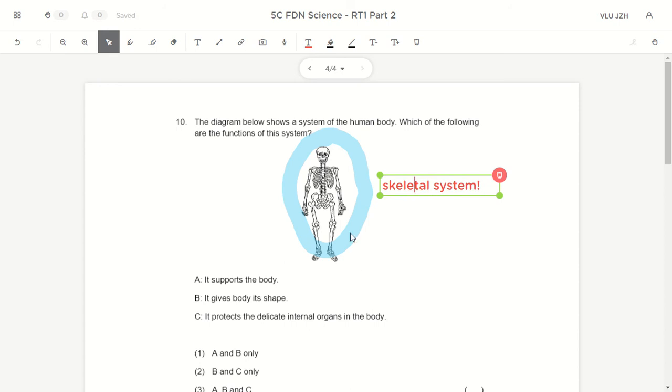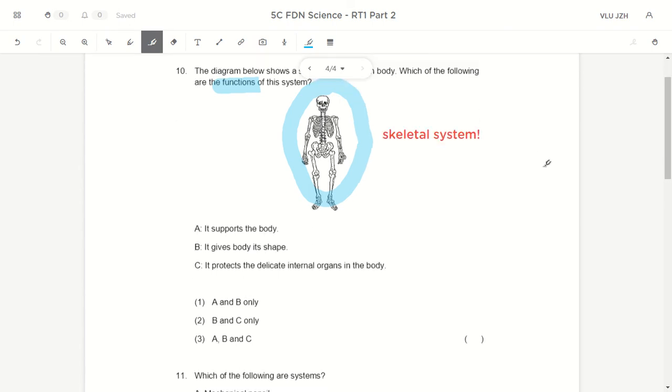So what is the function of the skeletal system? Very simple, if you study, you will know. The skeletal system supports the body, correct? Without the skeleton, we can't stand up. It gives the body shape, correct? That's why we have shoulders, and our 5 fingers of a particular shape. It also protects the organs in our body.